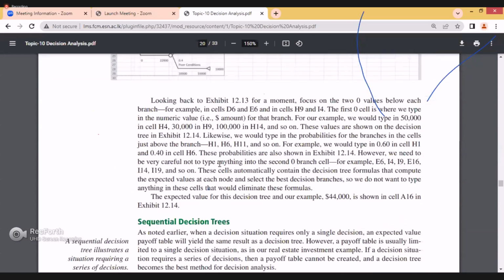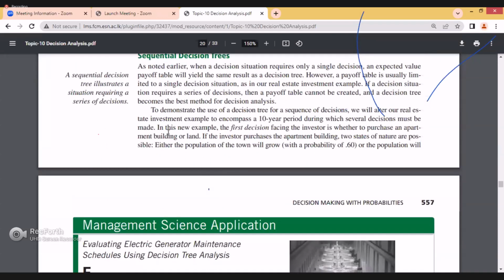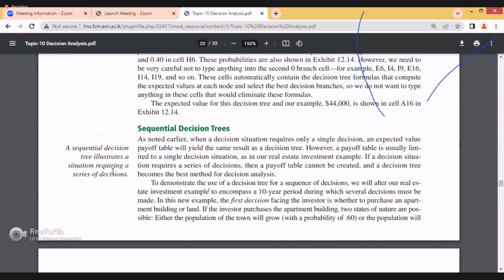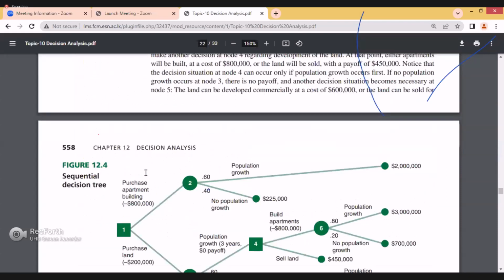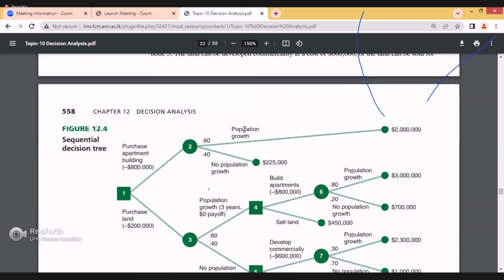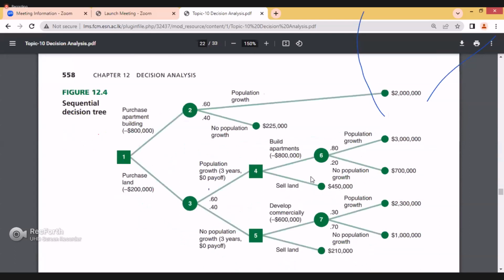This is for sequential decisions. Actually, a sequential decision is a situation requiring a series of decisions. So let's continue, like many series of decisions being made. Purchase apartment, liquidation, both, no ways of it. Purchase the land, liquidation, both; not building an apartment, sell the land, or develop a commercial building using the land.